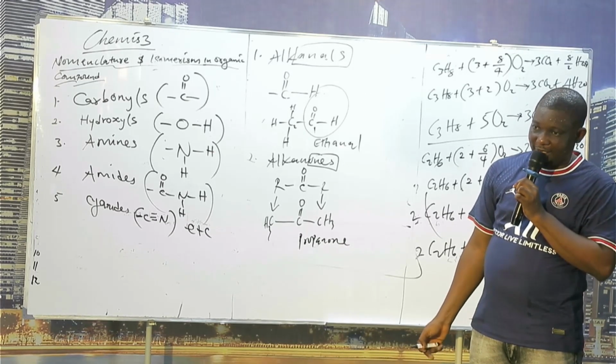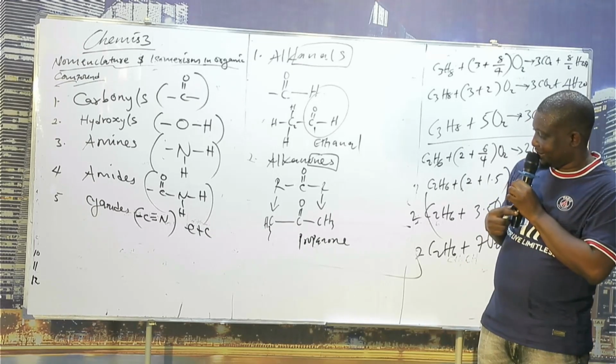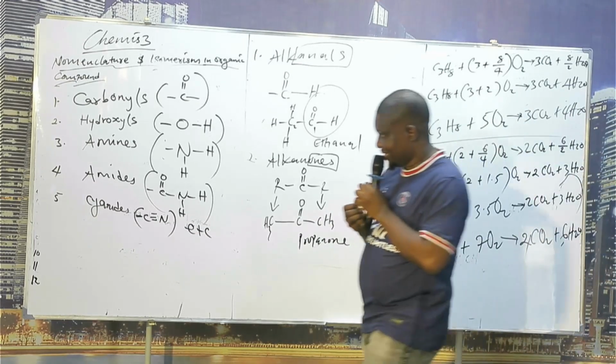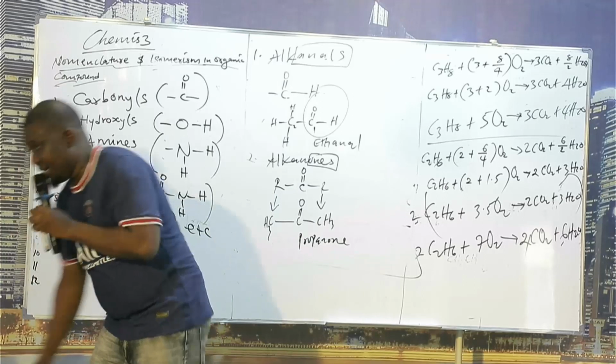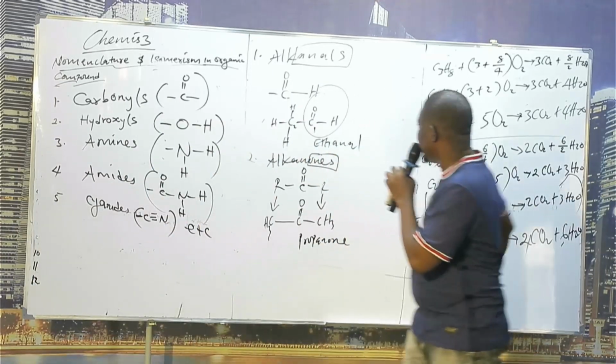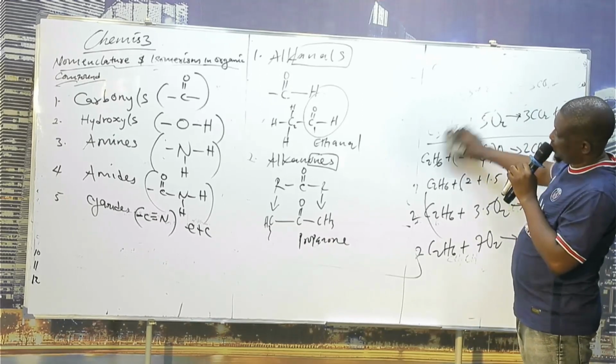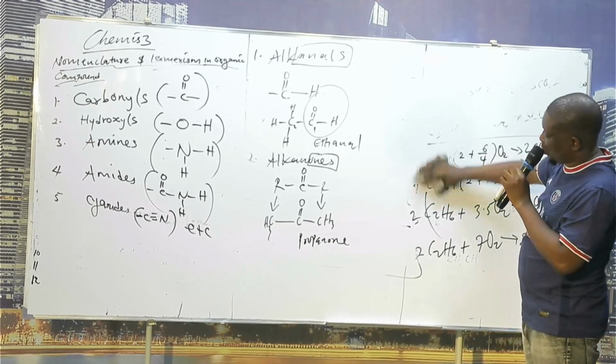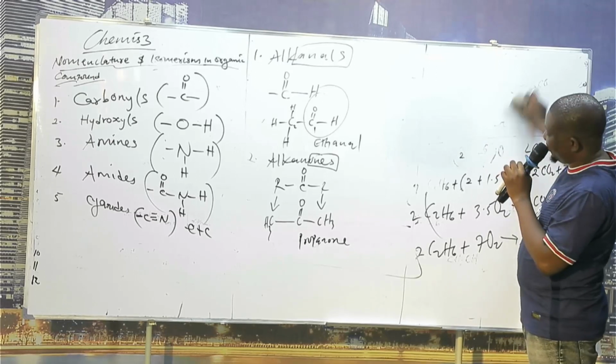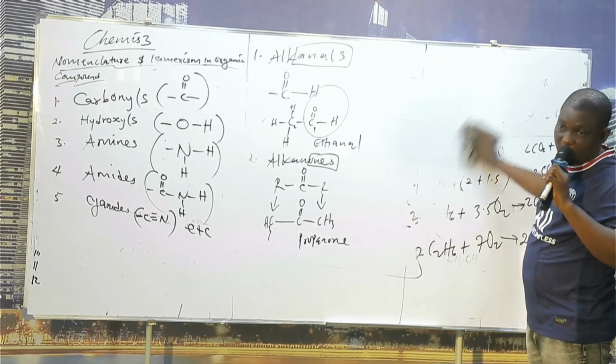Is that clear? It should be clear. I say that when the carbonyl links to an atom of hydrogen, whenever a carbonyl links to a hydrogen atom, that is the functional group of alkanals.